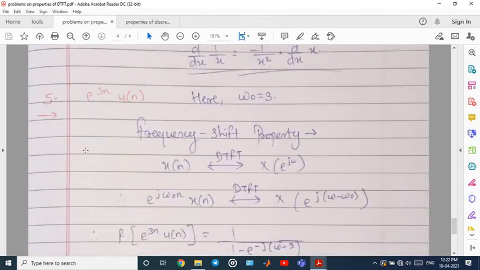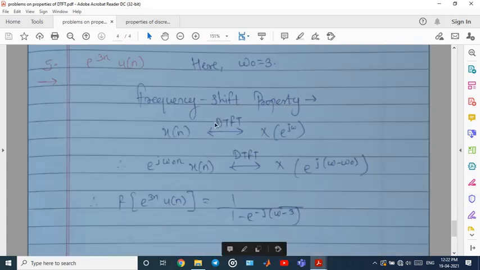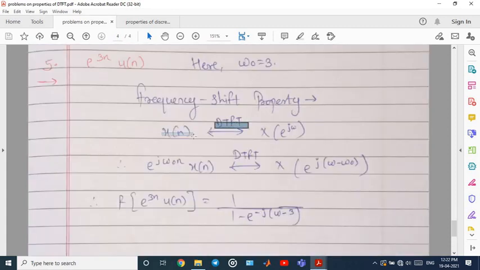The last problem is e to the power 3n u of n. In this problem we have to use the frequency shift property, because there is an exponential term associated with the u of n. We know that the Fourier transform of x of n is x of e to the power j omega.